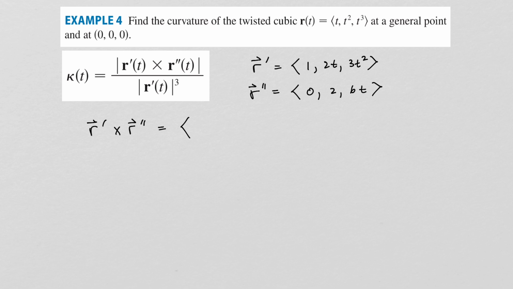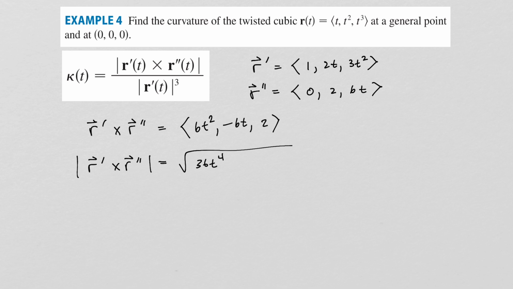So we'll do the cross product off camera here, and we'll come back and put that in. And now if we take its magnitude, that is going to be the square root of 36t to the fourth plus 36t squared plus 4.